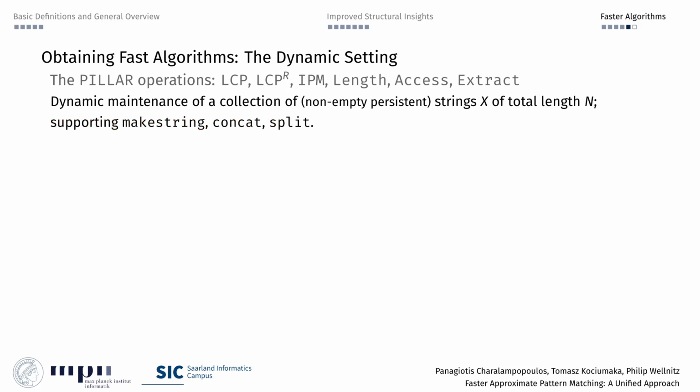Finally, let me quickly mention the third setting we considered, namely the dynamic setting. Here, we want to maintain a data structure that supports creating new strings, as well as splitting and merging existing strings. We want to extend this data structure with queries that allow us to compute approximate occurrences of any of the strings in any other of the strings.